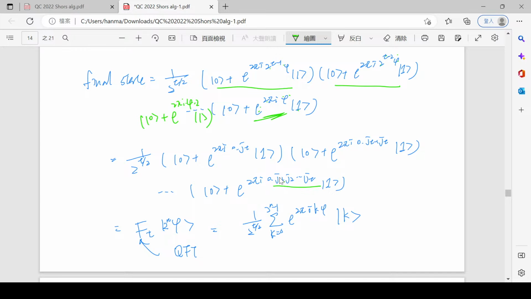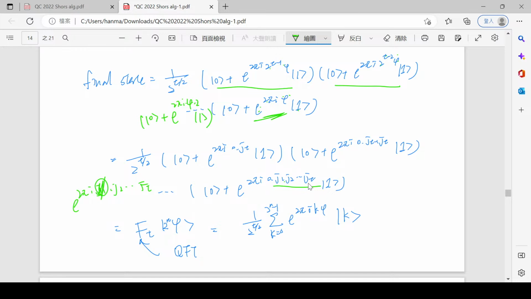But this j1 then becomes an integer. You get e to the 2 pi i j1 dot j2. But this j1 now is the integer part and it's ignored by this 2 pi i. So this disappears. So that's actually e to the 2 pi i 0.j2 to jt.